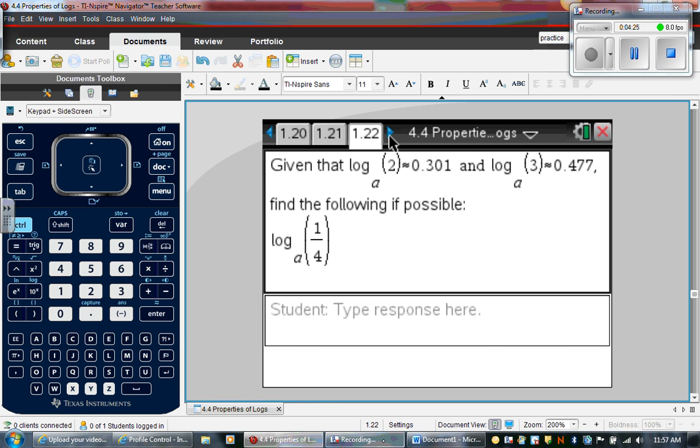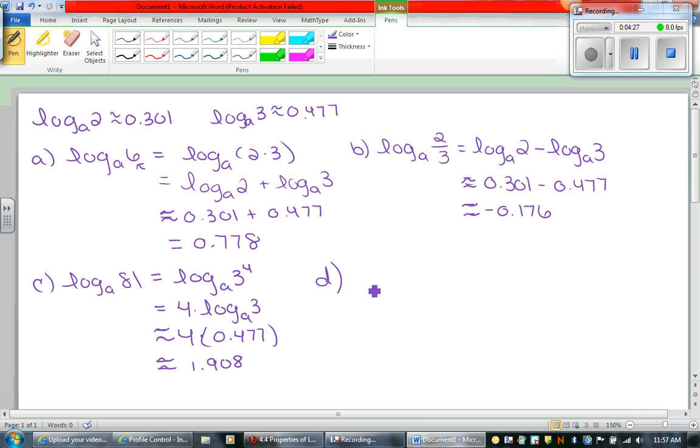Log base A of 1 divided by 4. All right, so we want to somehow figure out what to use. Let's go ahead and expand it first. So we have 1.